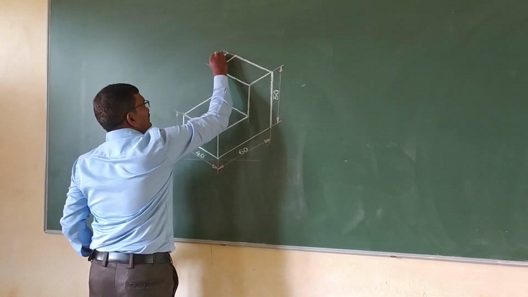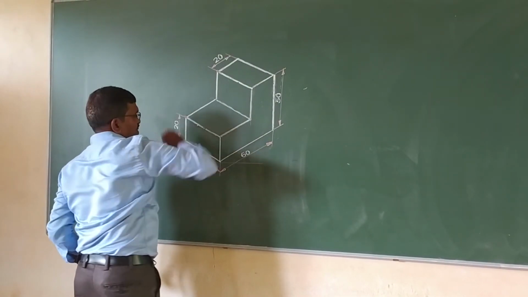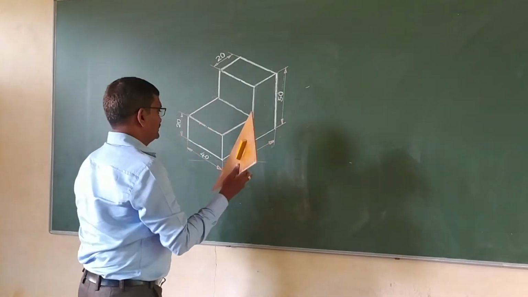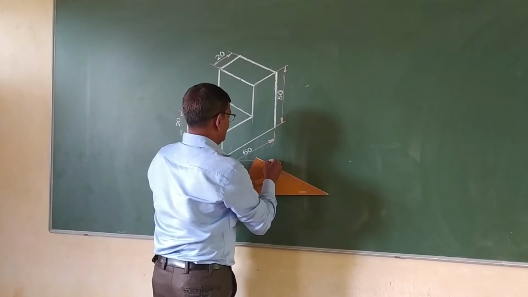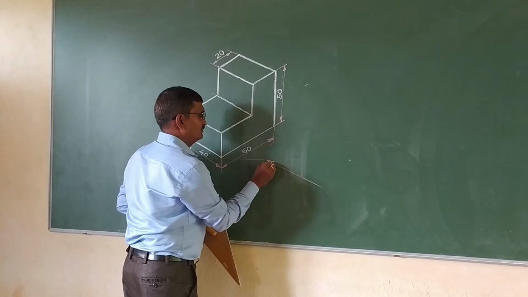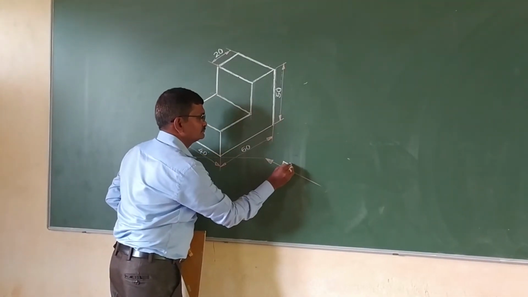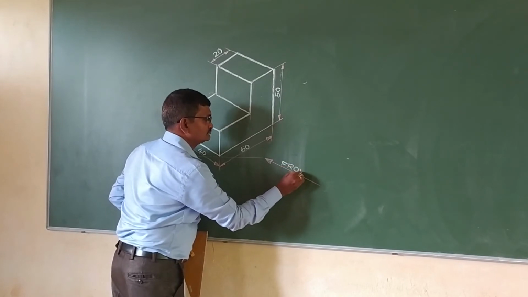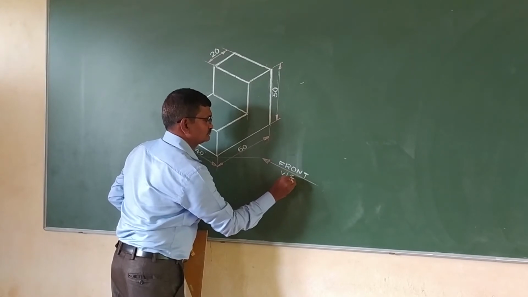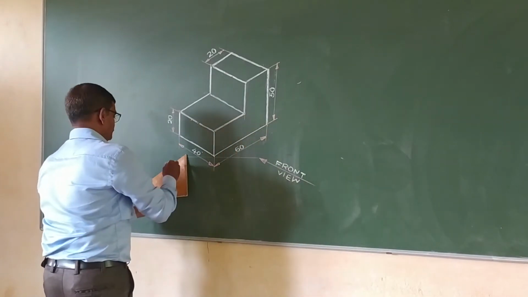This step length is 20 mm, 20 mm. Now the observation: the front view is observed from the right hand side. So mark the arrowhead. It is the front view. And the side view.